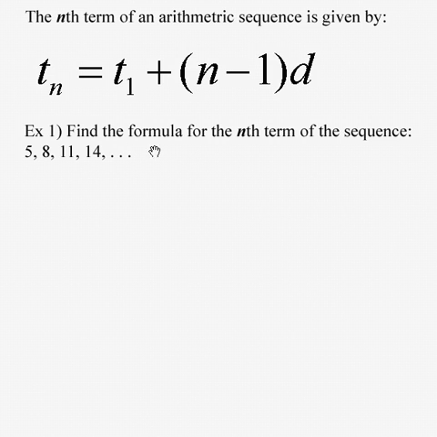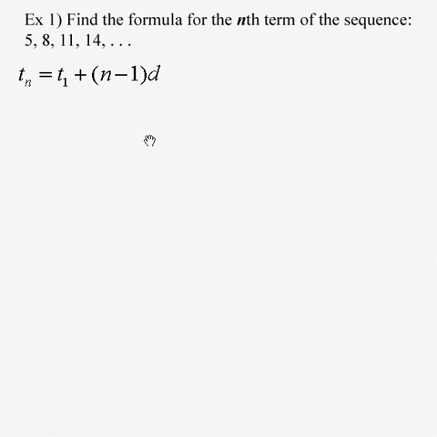As we do so, let's find the formula for the nth term of this infinite sequence, 5, 8, 11, 14. So as we look at this, let's refer to our formula for arithmetic sequences, and let's delineate what everything is. T sub 1 refers to the first term, so let's just list that. That's 5.